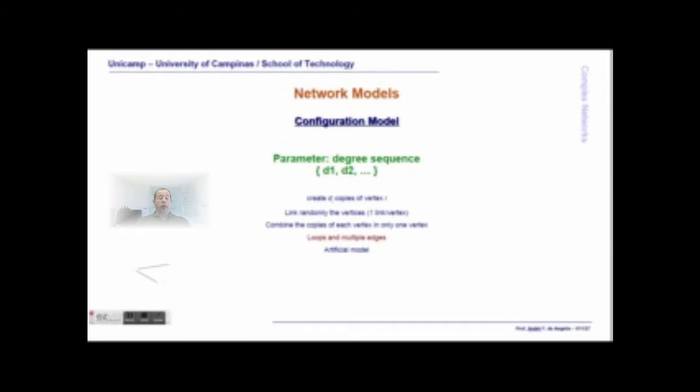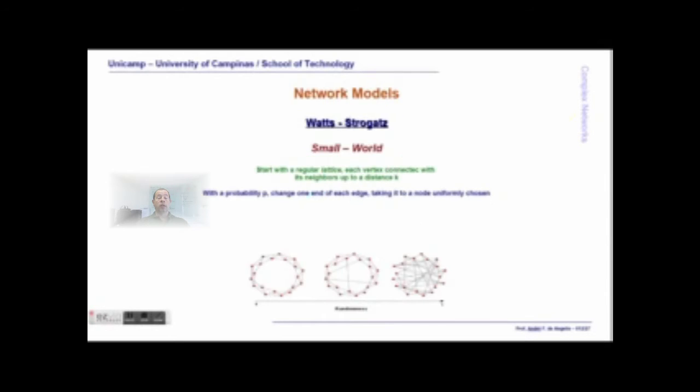This model, the configuration model, produces networks with loops and multiple edges. But the configuration model is somewhat artificial. It's difficult to find a real problem that matches well with the configuration model. Okay, we can improve the parameters, the process, to match our problem. But in general, it's not so easy or straightforward.